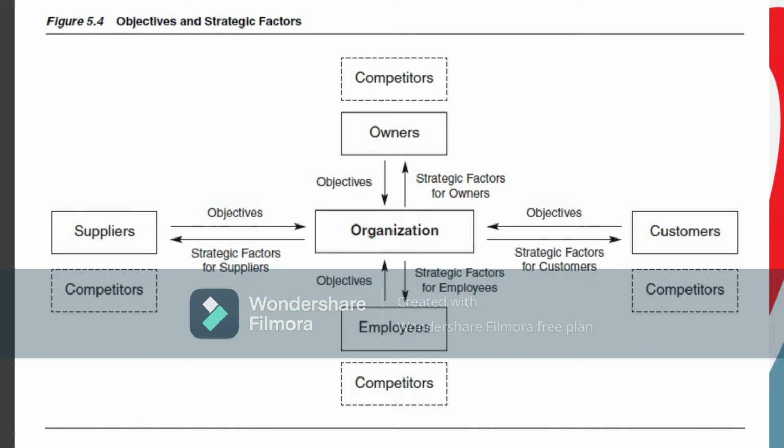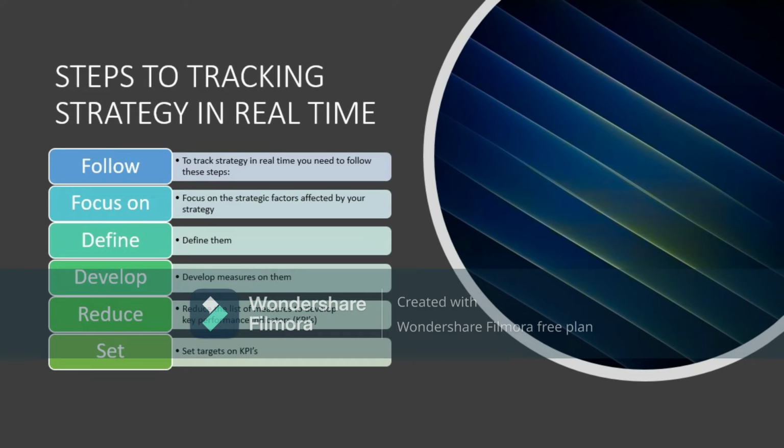Steps to tracking strategy in real time. To track strategy in real time, you need to follow these steps. Step 1. Focusing on strategic factors. You may or may not wish to monitor your organization performance on all strategic factors relevant to a key stakeholder.